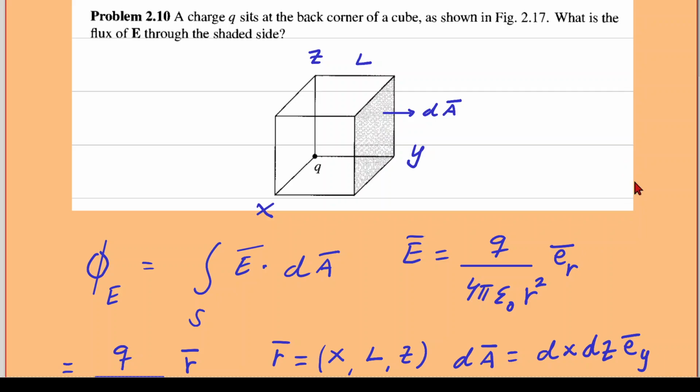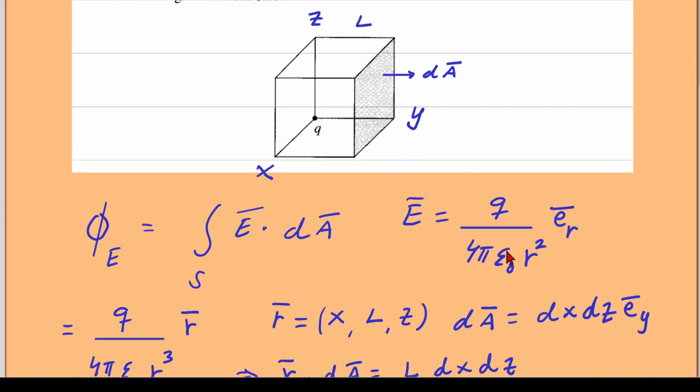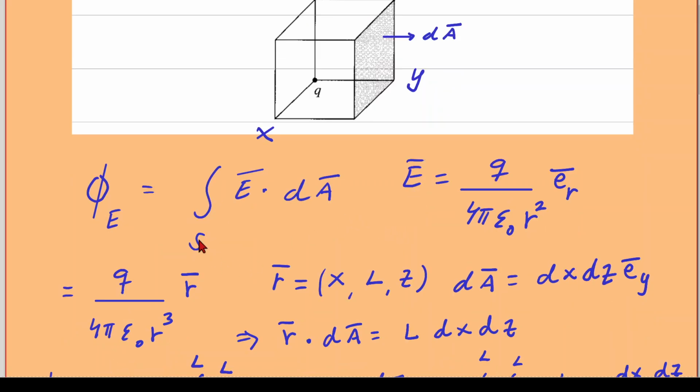Okay, so let's calculate that. So we know from Coulomb's law that this is the electric field, and that basis unit vector can be rewritten like the r vector divided by the distance r. So the electric field can be written like this.